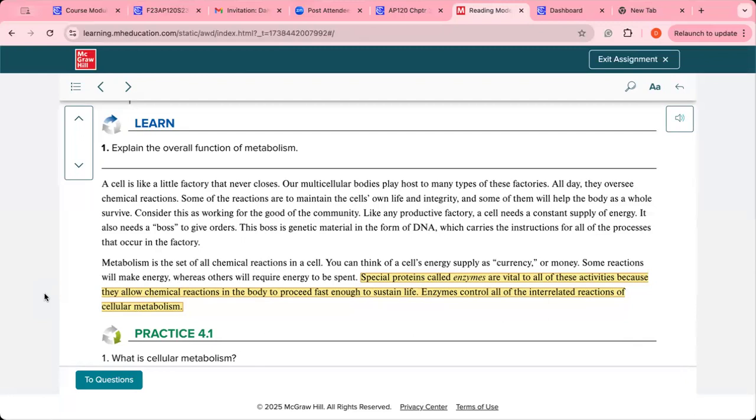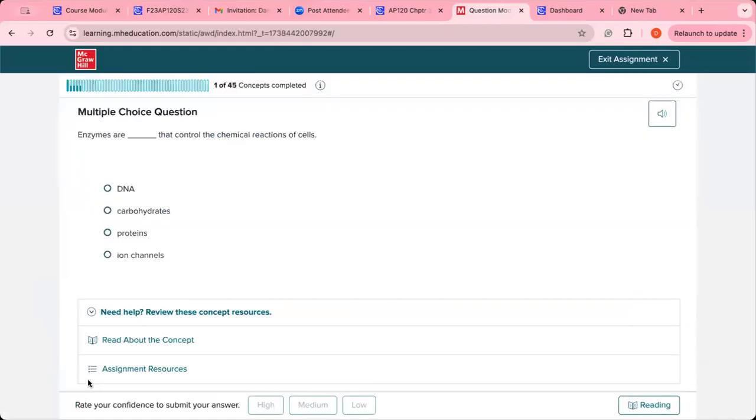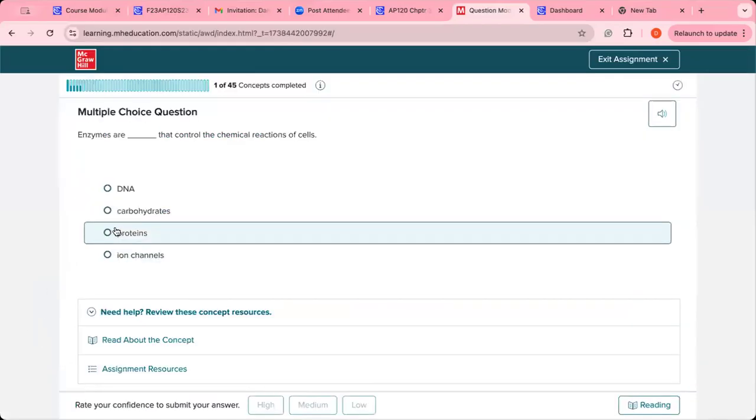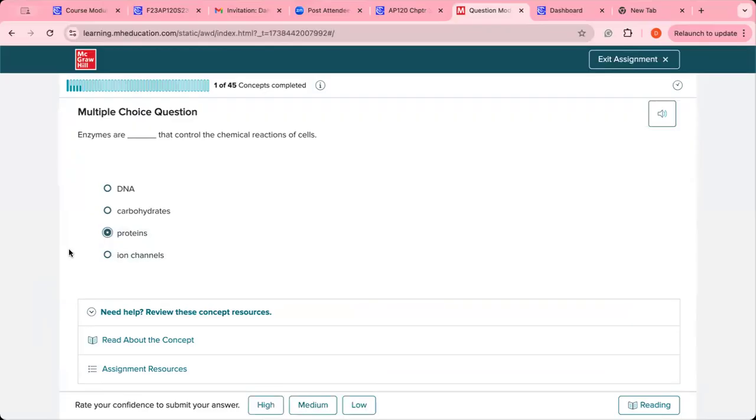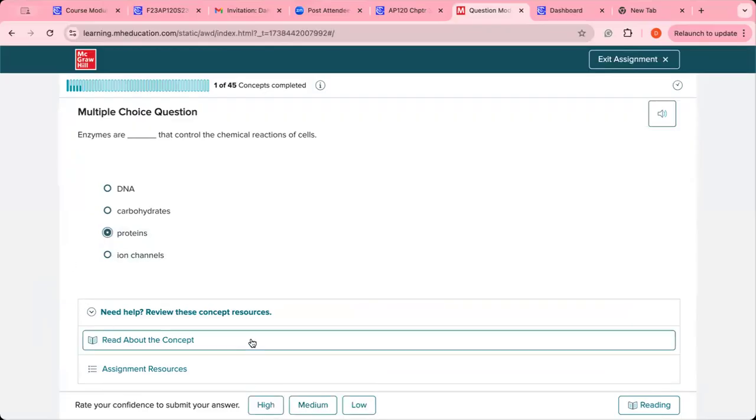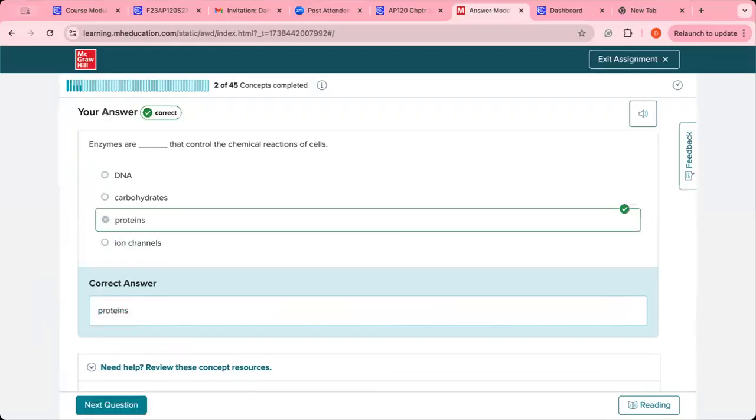Special proteins called enzymes are vital to all of these activities because they allow chemical reactions in the body to proceed fast enough to sustain life. So yeah, they're proteins. Yes. Okay.